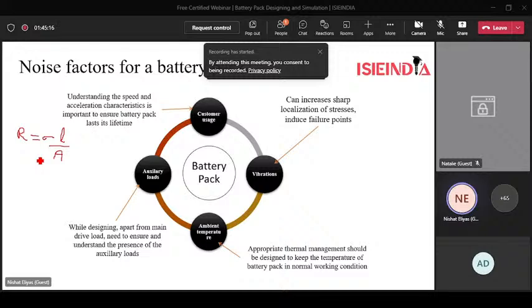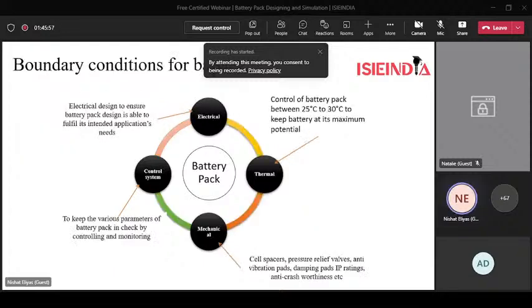That means if we choose the proper cross-sectional area of the material, the wiring harness or the bus bar we are using, we can have better current flow through the circuits and face less resistance. Apart from that, we also have to use a material with good conductance, where the flow of electrons, the flow of charge, is continuous without any interruptions. These are some of the electrical design considerations.